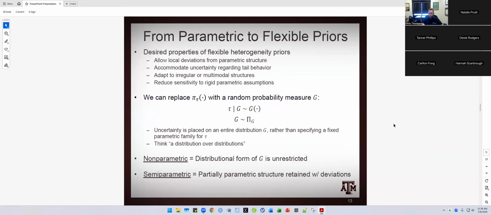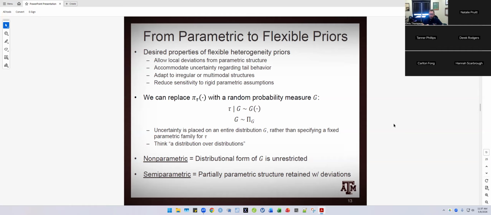So there are some ways to make priors a bit more flexible. You can allow for local deviations from a parametric structure. You can better model activity and mass allocation in tails, or a tail if it's for tau. You can work with a structure that is irregular or has multiple modes and so on.